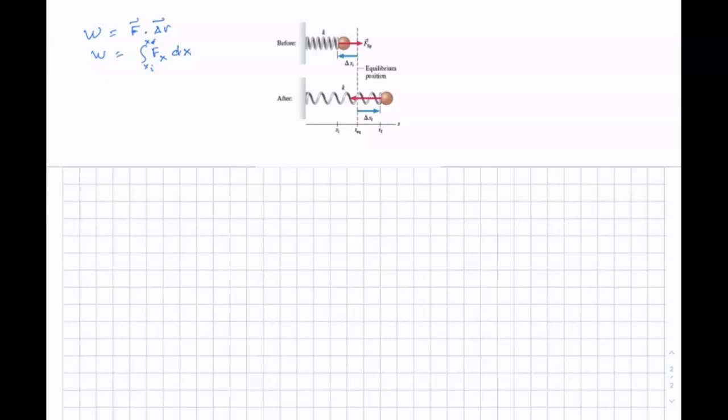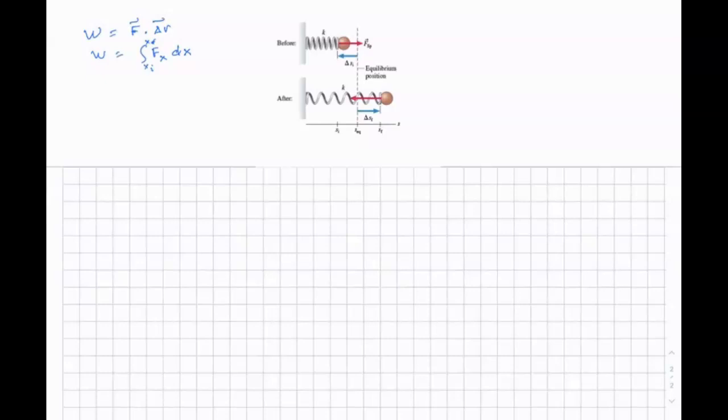Then at some later time, the spring has become uncompressed and actually stretched and is pulling on the object, at which time there's a stretching distance, delta S final. We'd like to know how much work was done by the spring during the displacement from S initial to S final.